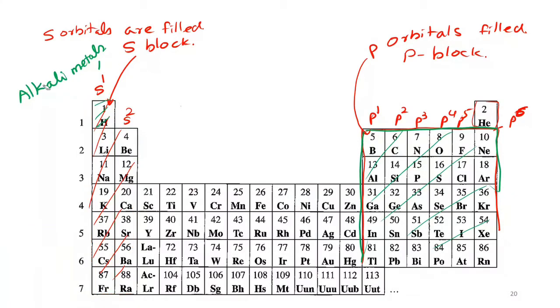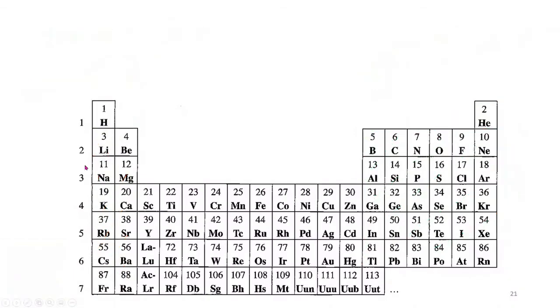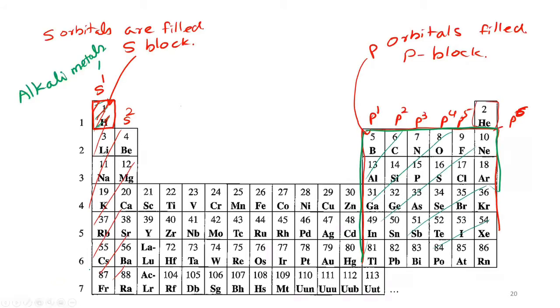So even though I drew my arrow like that, I would mark hydrogen as an exception. Everything else here, these are the alkali metals. You see that all the elements are metals: lithium, sodium, potassium, rubidium, cesium, francium. They are all metals.